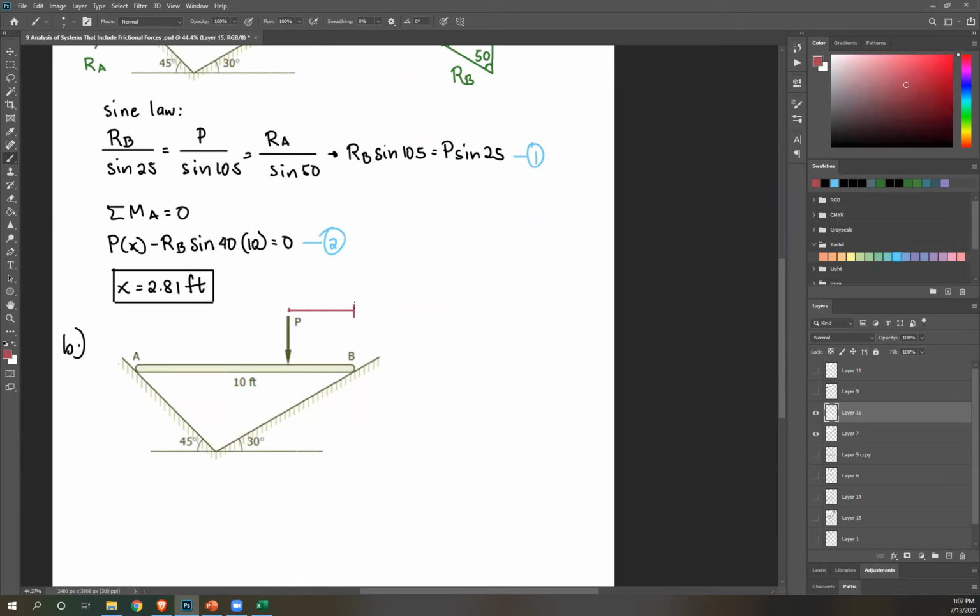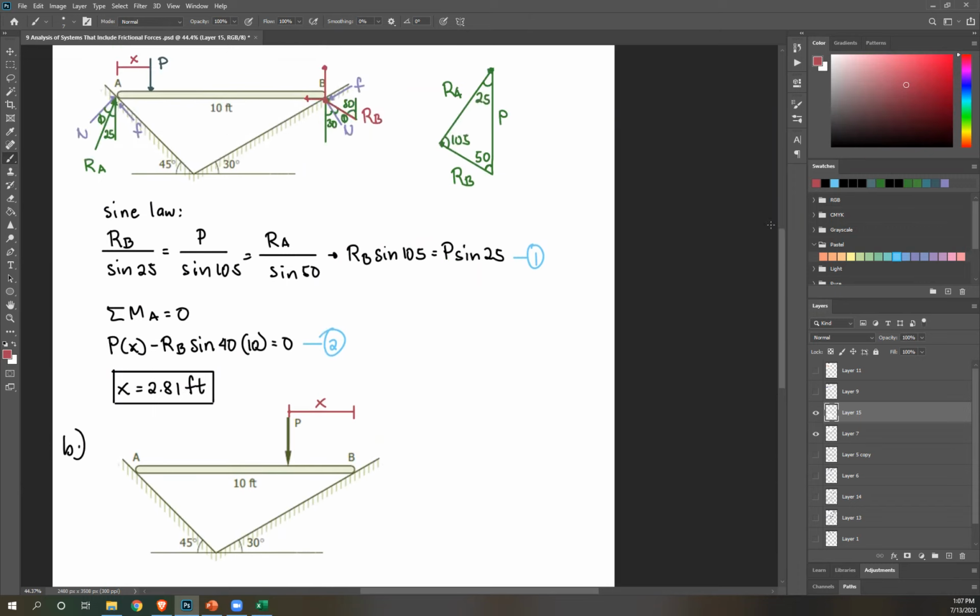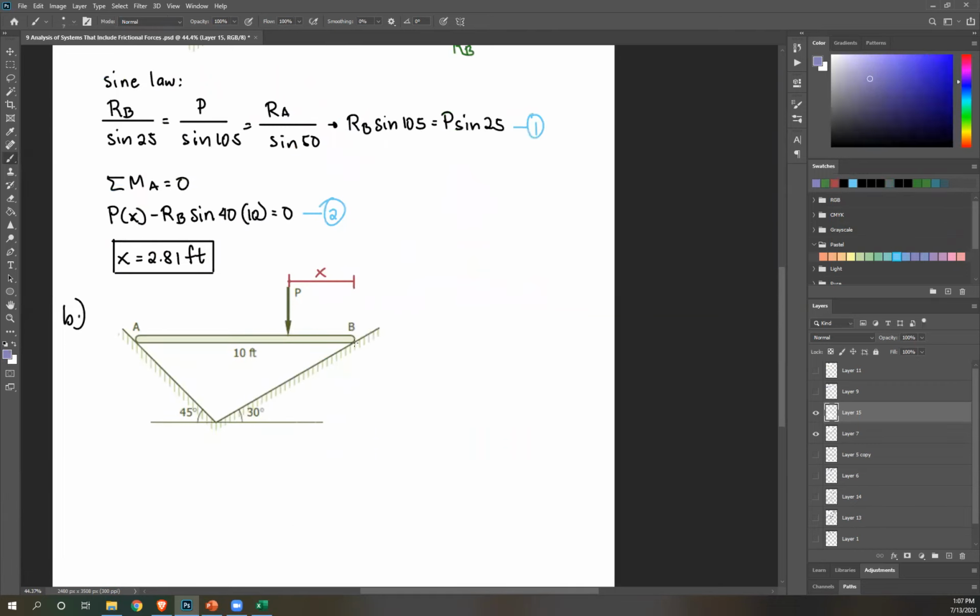Let's call that x. Okay, so now the difference is the following. So N is still the same, always perpendicular. But now this force will cause this end to slide down, and then this end will slide up. This will be the final position of your beam.